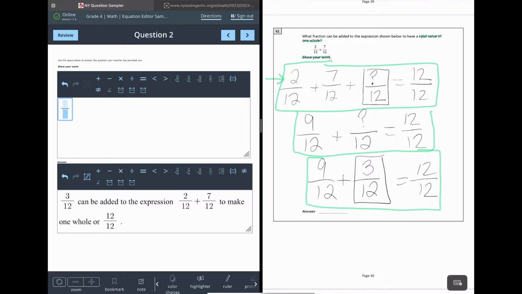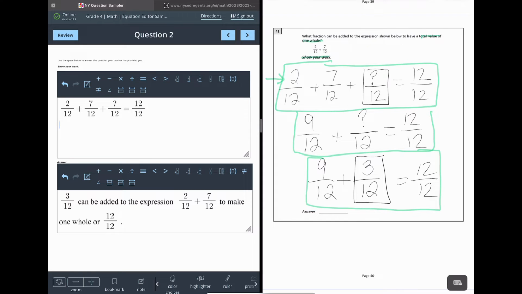Tap 2 twelfths plus 7 twelfths plus. I'm going to do the same thing again. I'm going to put a question mark here on the top. Is equal to 12 over 12. So that's my first sentence.